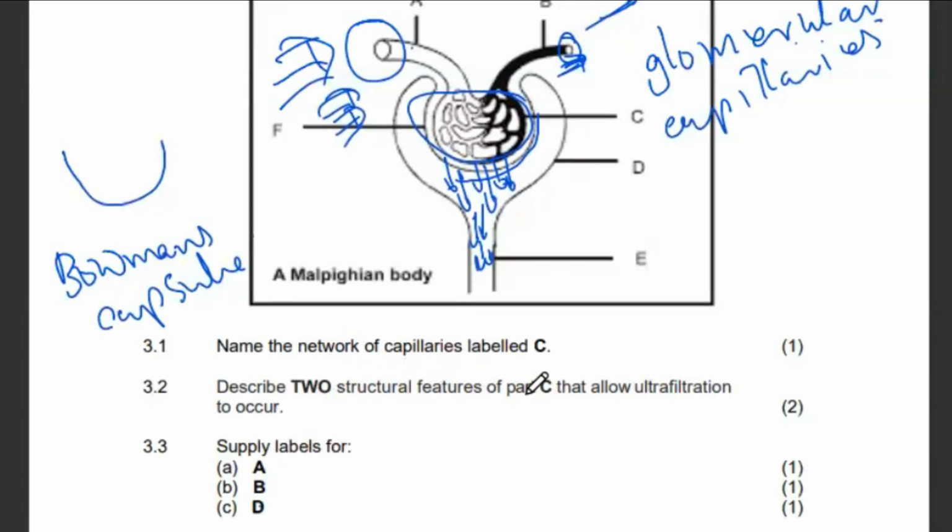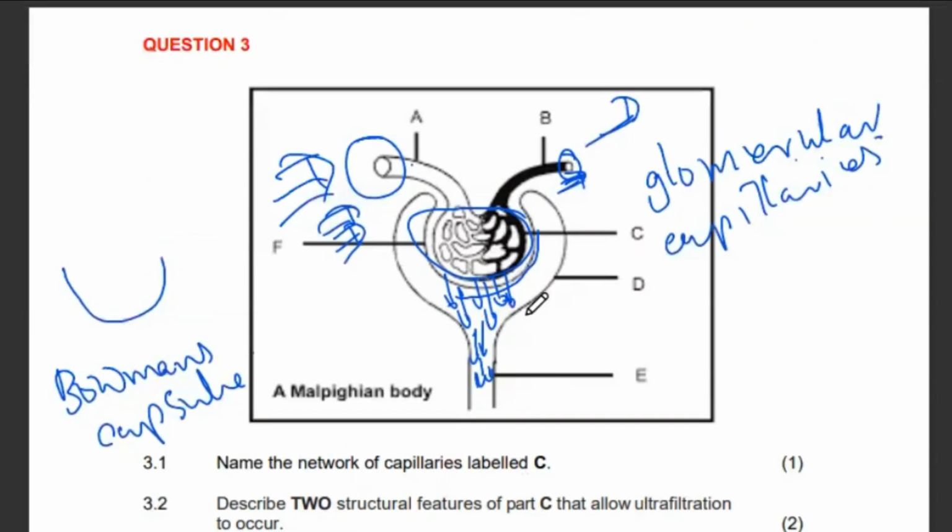Describe two structural features of part C that allow ultrafiltration. I talked about the thin membrane, one layer thick, so it is easy to allow things to go through. And number two is that it is coiled to increase the surface area for this ultrafiltration to happen. You understand?